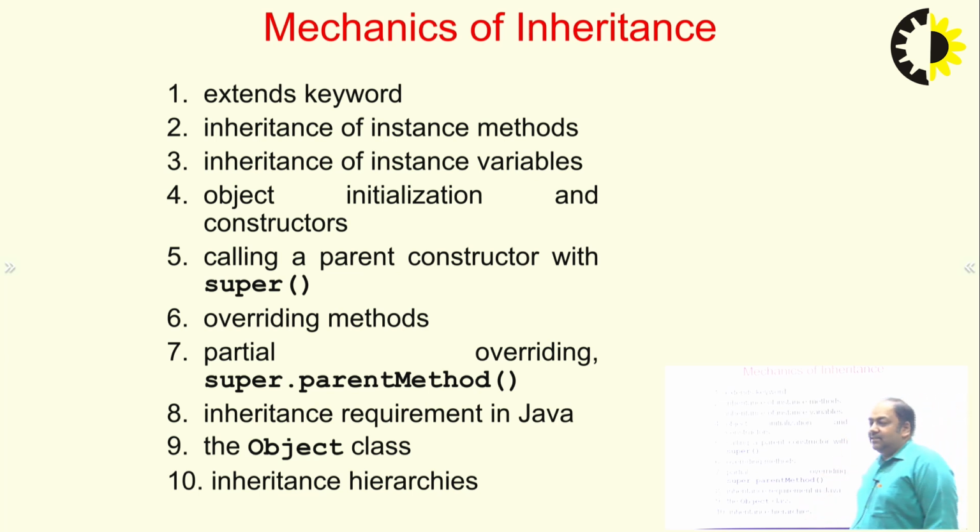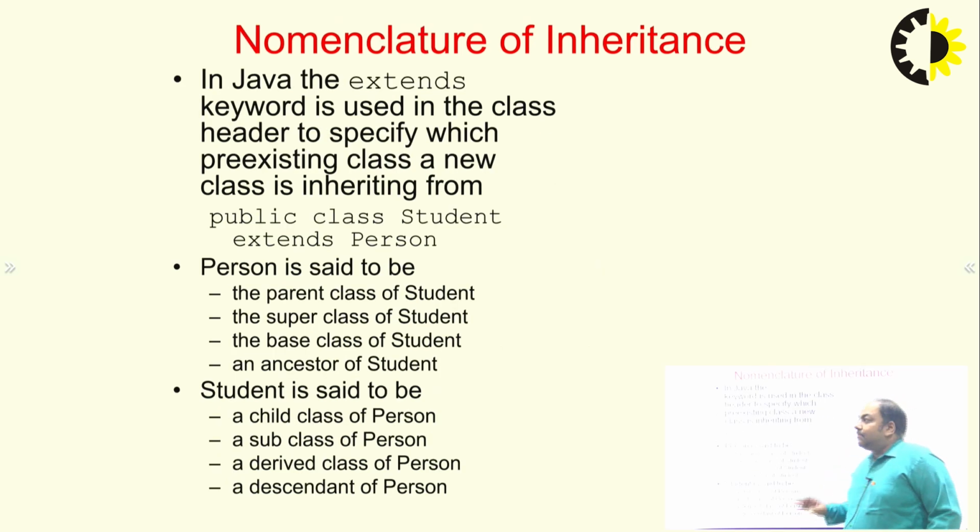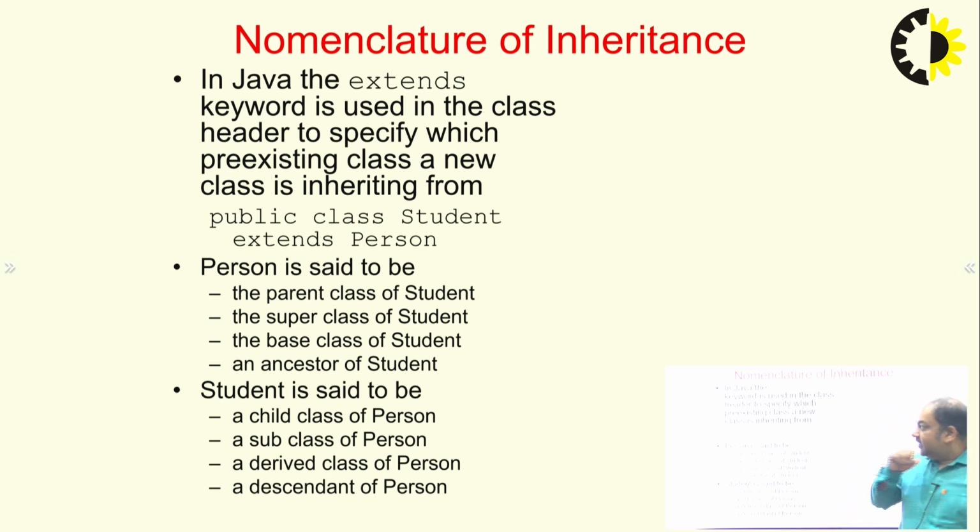And there are inheritance hierarchies, in which a person is said to be a parent or a child, like we have shown in the example: public class Student extends Person. So Person is the super class and Student is the derived class.